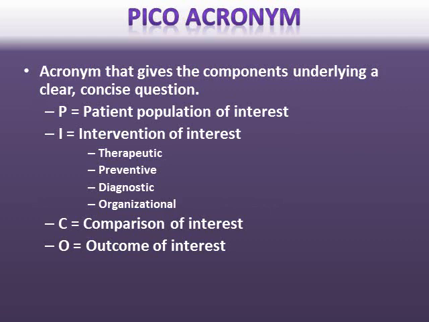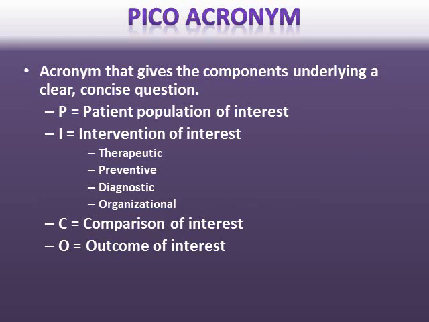You also want to talk a little bit about the intervention that you're interested in looking at. And there's a wide range of different types of interventions that would be appropriate for this. Some examples might be a therapeutic intervention. So, for example, wound cleaning strategies to see which ones are better or worse. It could be something that's preventative.